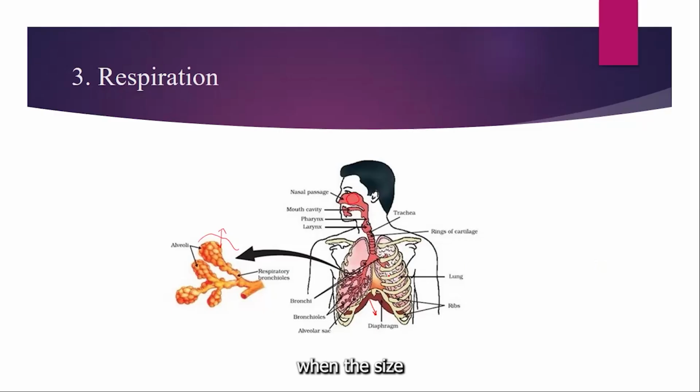When the size of animals is large, diffusion pressure cannot ensure that oxygen is delivered to all parts of the body. Instead, respiratory pigments take up oxygen from the air in the lungs and carry it to tissues which are deficient in oxygen before releasing it.